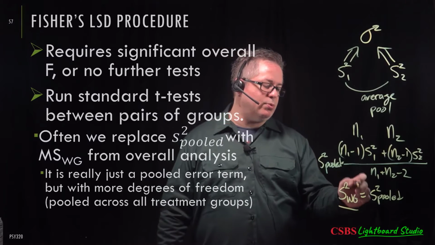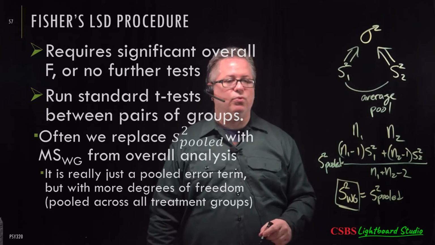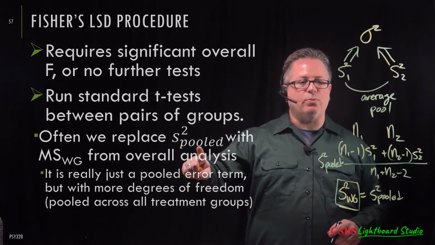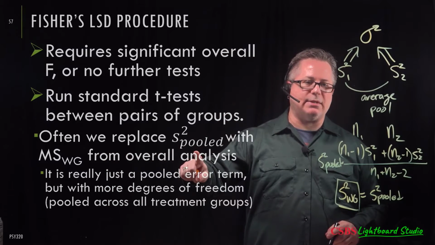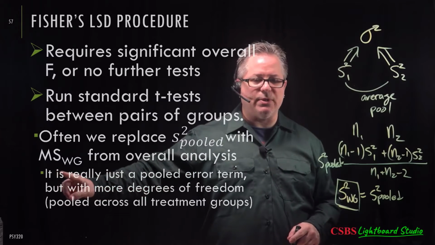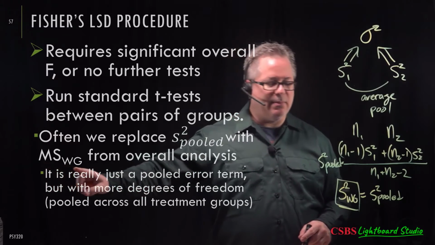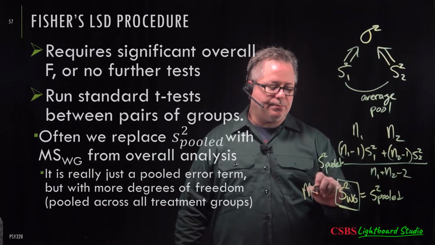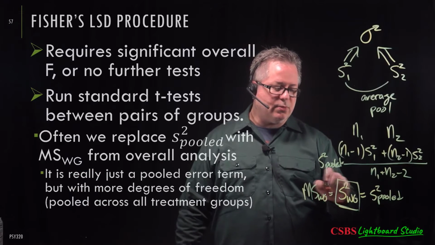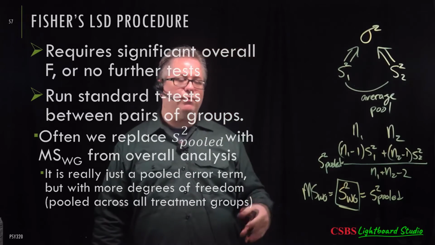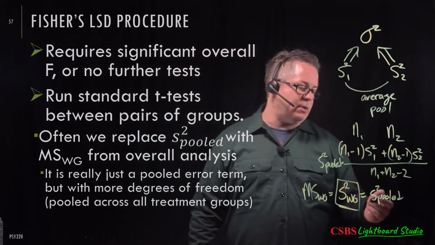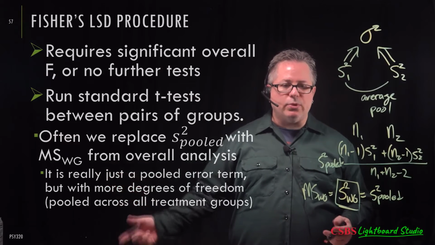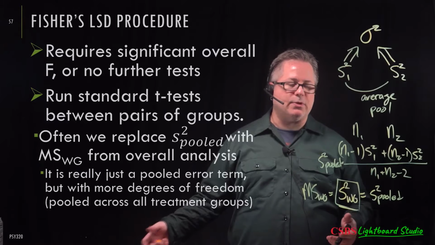So we can just replace the S squared pooled from our independent samples test with this mean square within groups. Remember, mean square within groups equals the variance within groups equals pooled variance. It's just that in our example we have 3 groups instead of 2. So this is really just a pooled error term, but with more degrees of freedom, because it's pooled across more treatment groups.